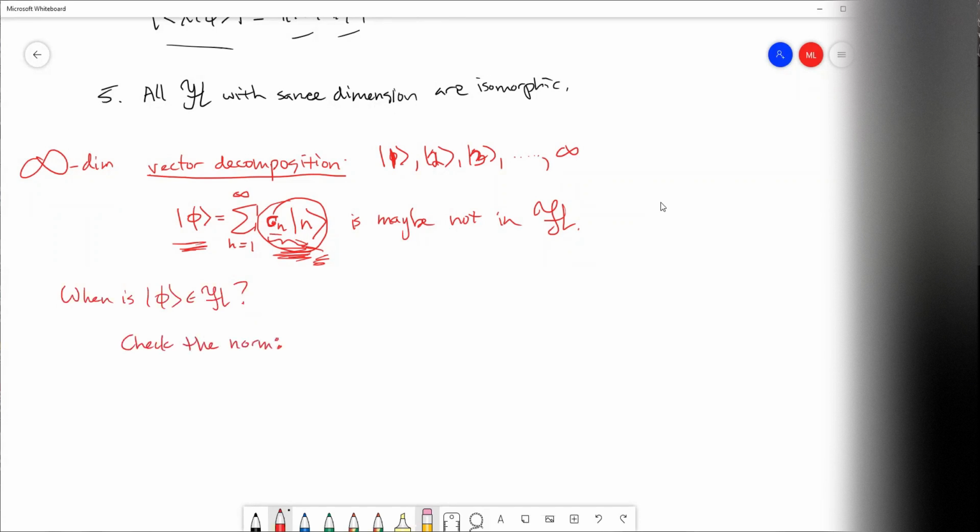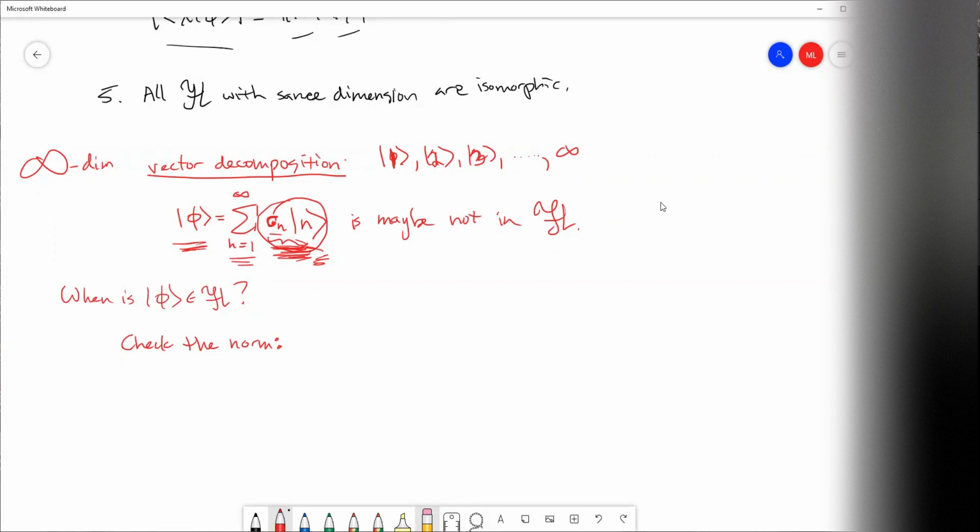And what I mean by that is you just have to make sure that the terms with very large index here are bounded.